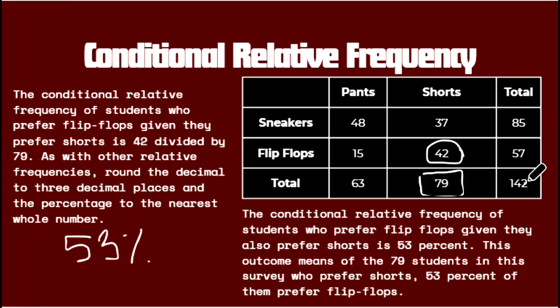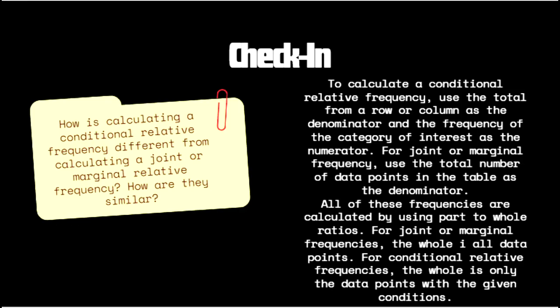And for the other two, we're using the main total. All of these frequencies are calculated by using part-whole ratios. For joint or marginal frequencies, the whole is all data points. For conditional relative frequencies, the whole is only the data points with the given conditions. So in your notes, under joint relative frequencies, we have the main total that we're using.